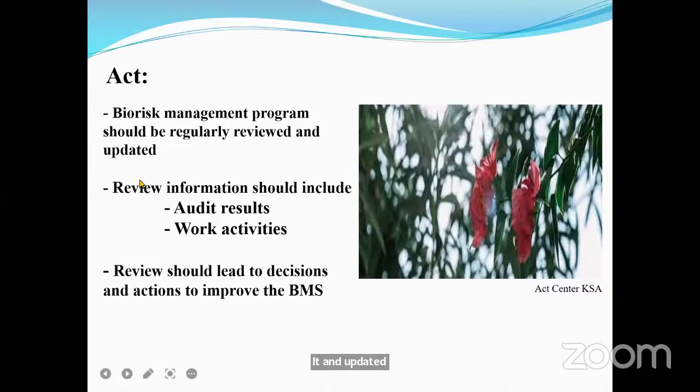Review information should include audit results, work activities, status of risk assessment activity, status of preventive and corrective action, follow-up action from previous management reviews, results of incident investigations, and changes that could impact the program. The review should lead to a decision and action to improve the BMS.